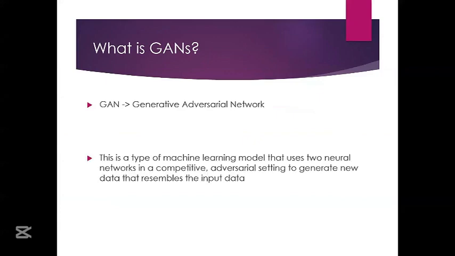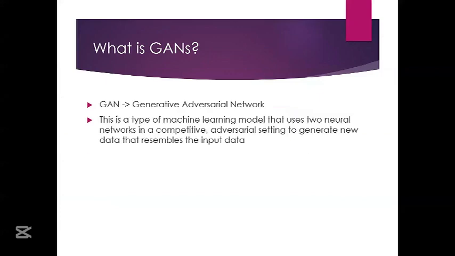Okay, and next, let's start. What is GAN? When we describe GAN, there are a couple of things we have to keep in mind. First, it is a machine learning model. GAN is not rocket science, but it's a machine learning model as we learned previously.